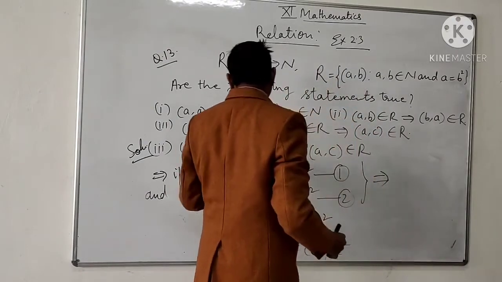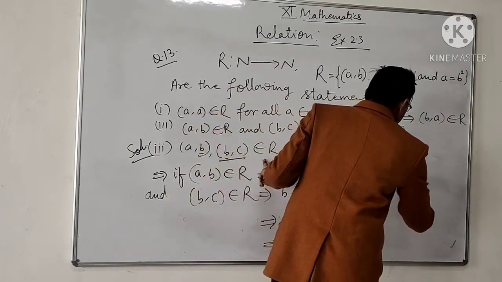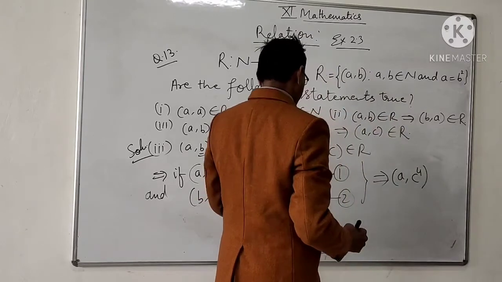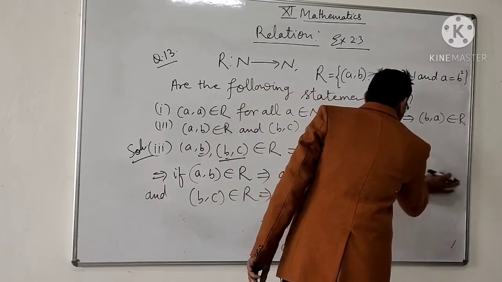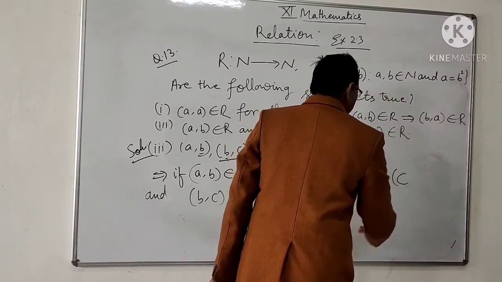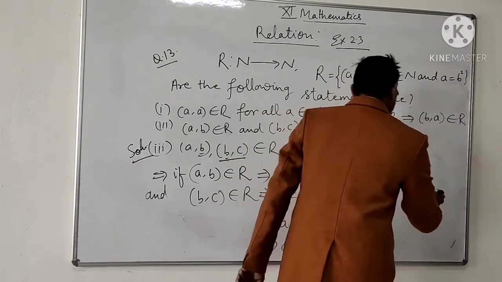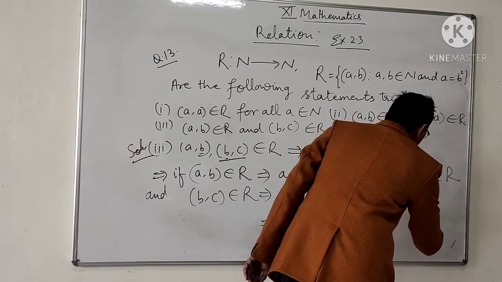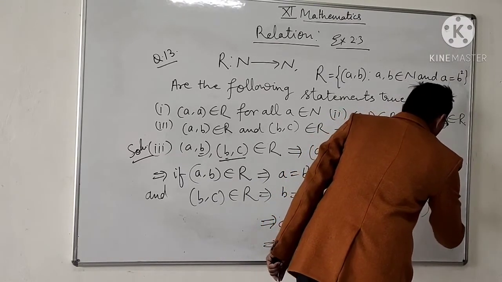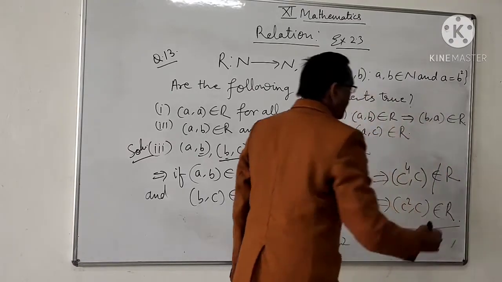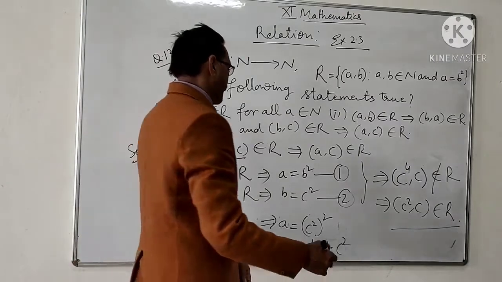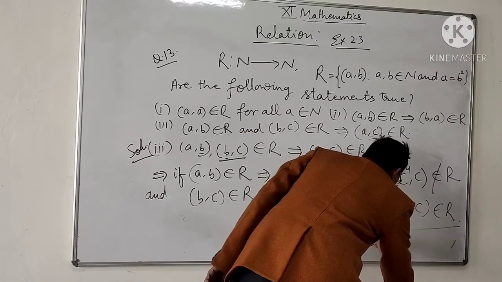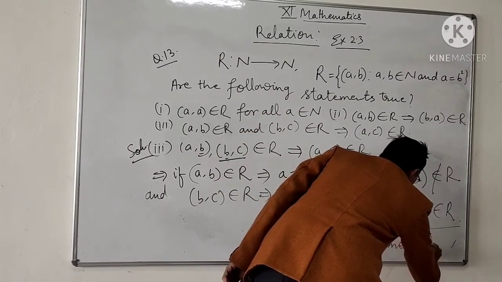So the pair (C power 4, C) belongs to R, not (C square, C). Hence (A, C) does not belong to R, and the statement is false.